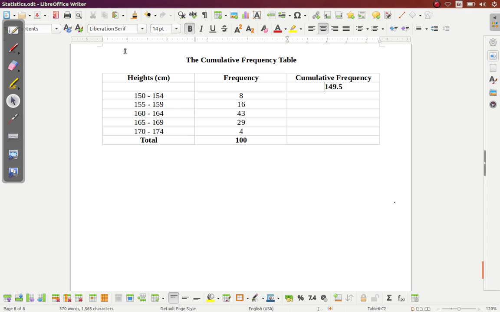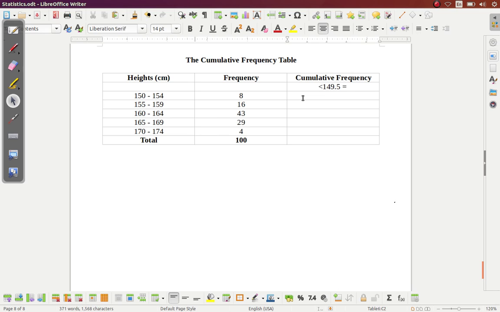But now it's bold. I don't want it bold. Now, how many persons, how many of these models had a height in this table, had a height less than, let me put the less than sign, less than 149.5?